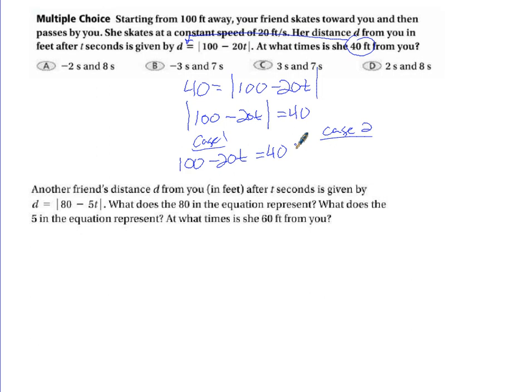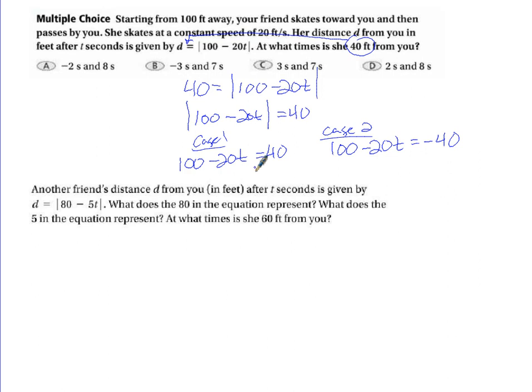For case 2, inside the absolute value stuff, again, nothing changes. 100 minus 20t equals, now this time we change the sign of the answer and it will become negative 40. So what's inside the absolute value stays the same. It does not change. You only change the sign of the answer.